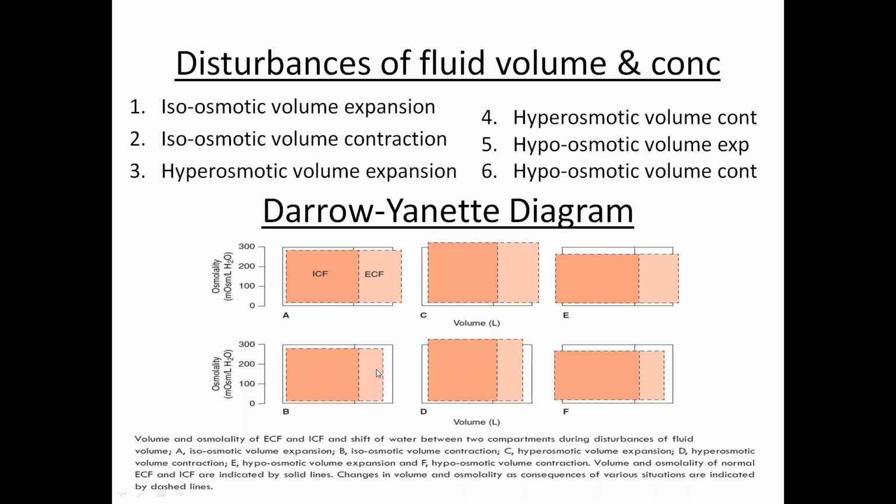One important thing to remember is that the thirst produced because of volume receptors is quenched with isotonic salt solution instead of plain water. Okay. So, are we clear about these two situations of isoosmotic volume expansion and contraction?